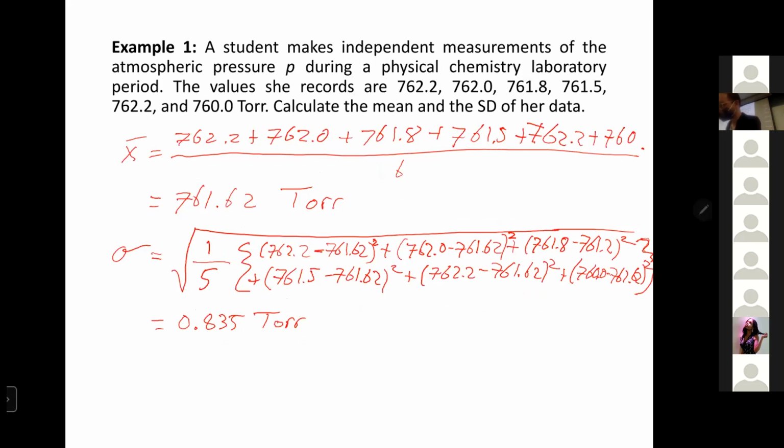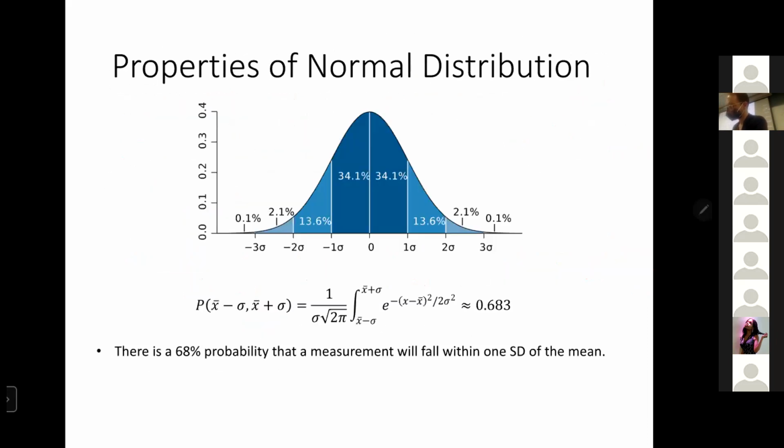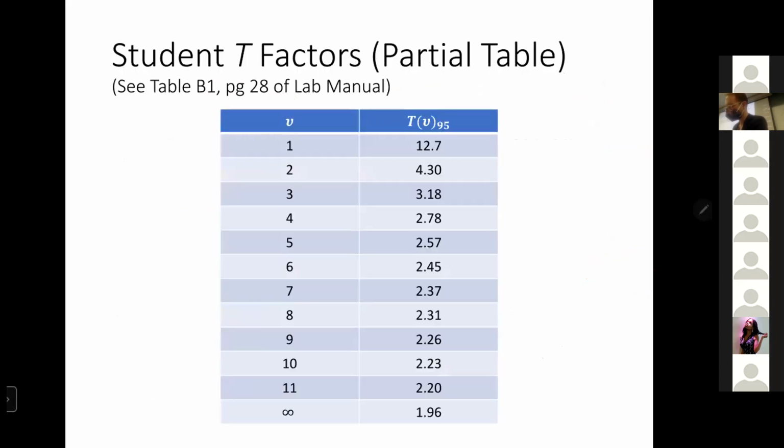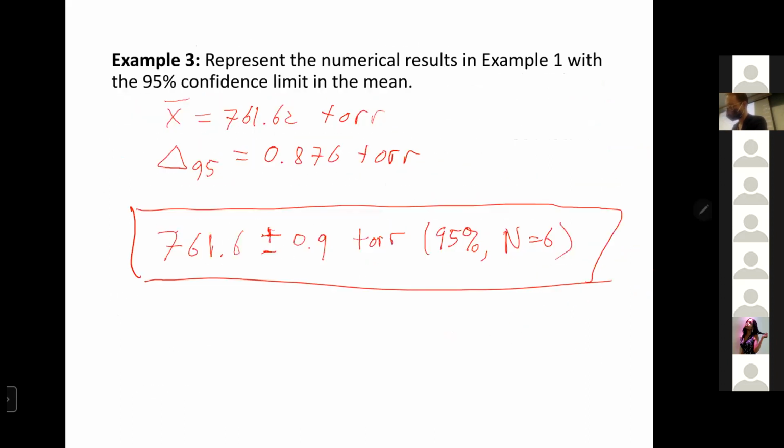It might be a little bit less obvious, but one of these seems to be an outlier. Which one? Yeah, exactly, 760.0. So basically all the values here are somewhere between 761.5 and 762.5, except for this value. It's a little bit lower than the other ones. Okay, so we're going to determine whether that is an outlier or not, statistically.